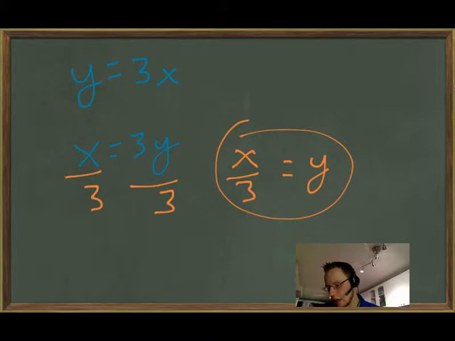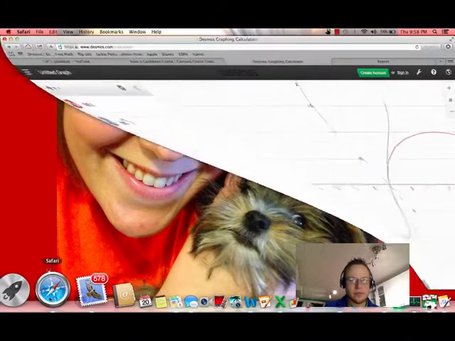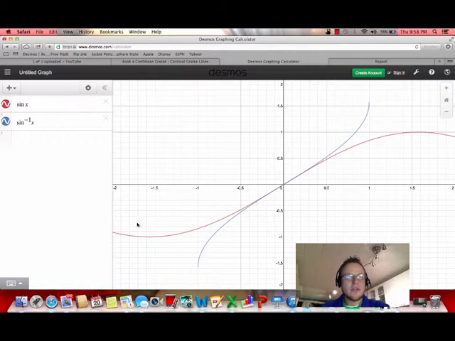And essentially how this looks on a graph is like this. If you look at the red, that's our regular sine function. But if you look at the blue, that is our inverse function.